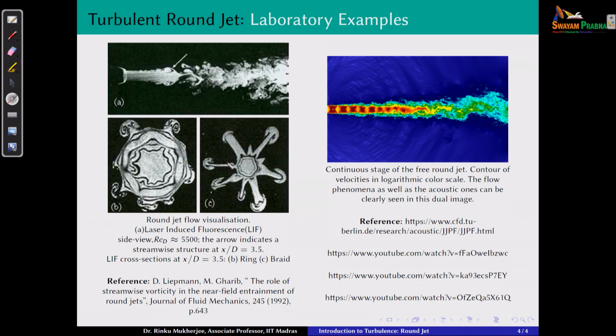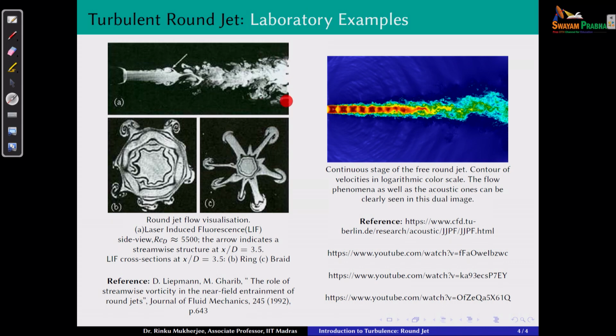So these are the two formations, so to speak. Now, what happens if instead of x by d equal to 3.5, I move further downstream? Will I see the same views there as well, or when I look at this particular section, will I see the same thing?